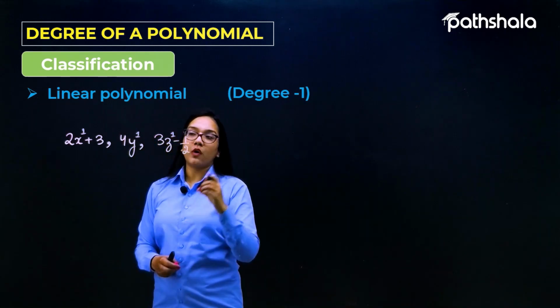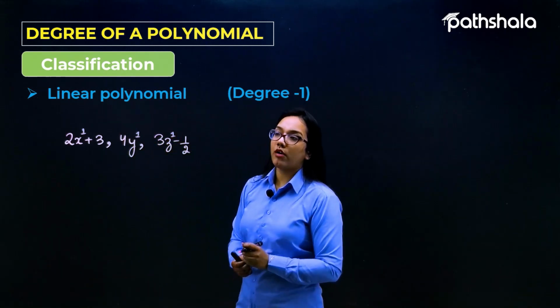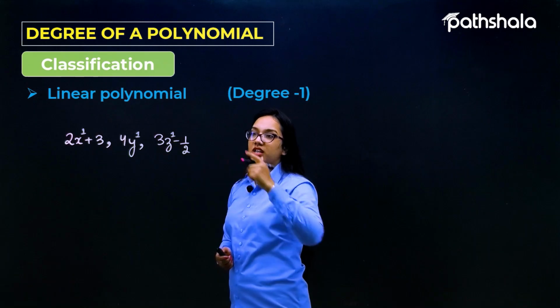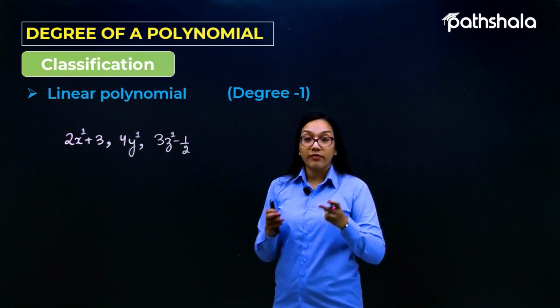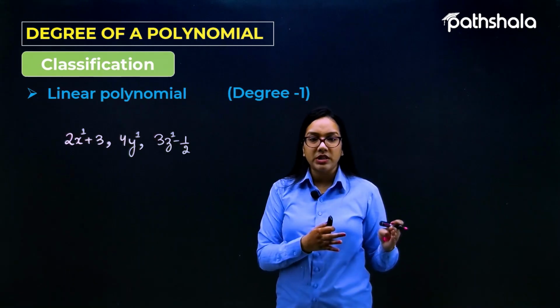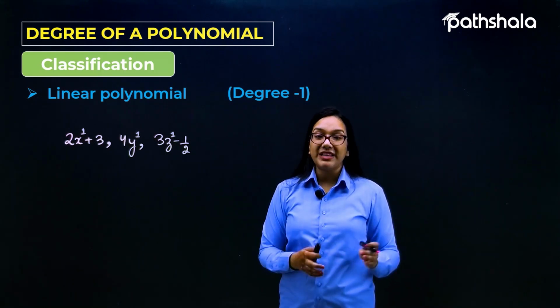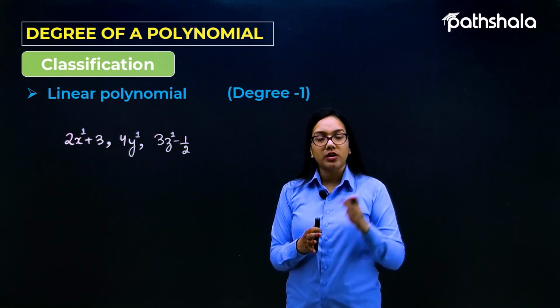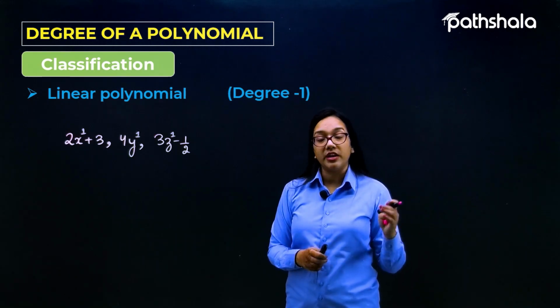So the highest power of the variable in all three is 1. Whenever the degree of a given polynomial is 1, it is definitely a linear polynomial.